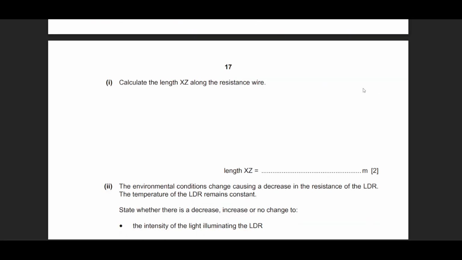Okay. So the length XZ divided by the length of the whole conductor, length XY, is being multiplied with 9 volts, is equal to 5.4 volts.